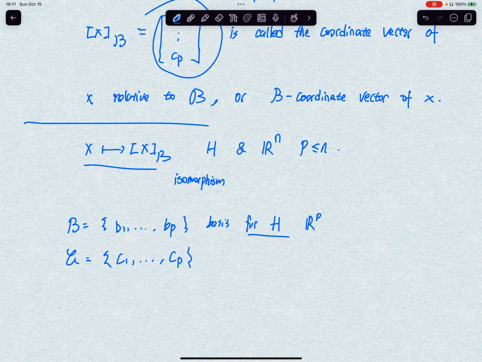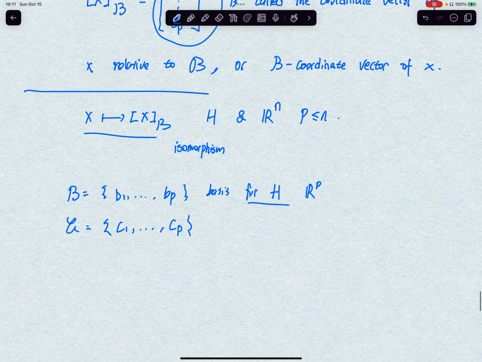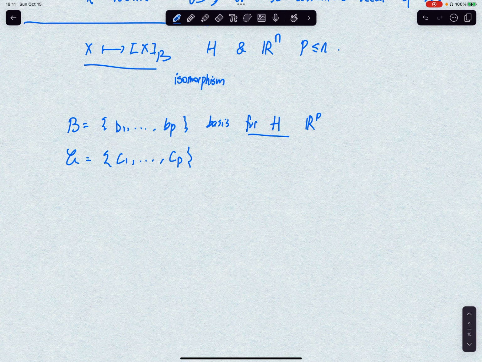Then the dimension of B and C must coincide, and this important property leads us to the definition of dimension.